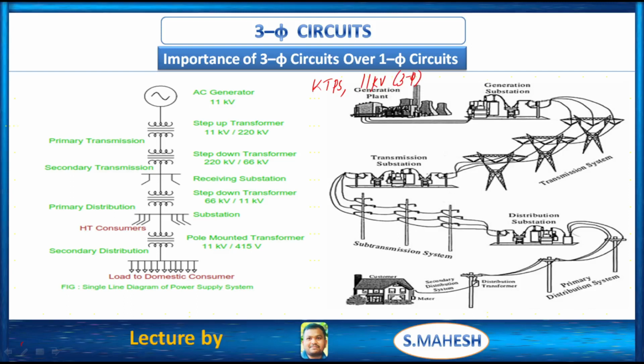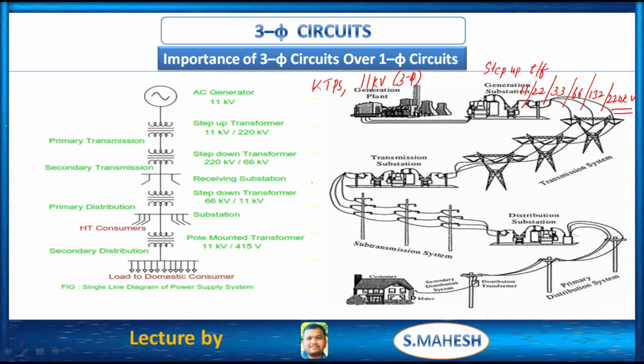We have generated three phase 11 kV of voltage. That voltage can be stepped up by using a step up transformer. That is, 11 kV can be stepped up to 22 kV. Later it can be stepped up to 33 kV or 66 kV or 132 kV, finally for example 220 kV. Let us say 220 kV.